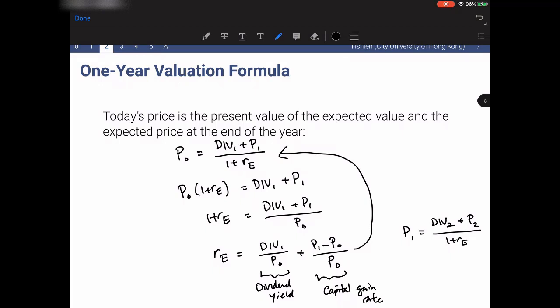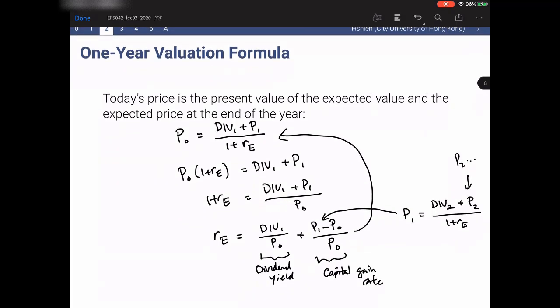If we keep substituting P1 into our cost of capital equation here, and then we continue to substitute for P2, and so forth, P3, we will arrive at something that looks like an infinite sequence of dividend payments. All right, so let's move on to formally show you how the dividend discount model is achieved.